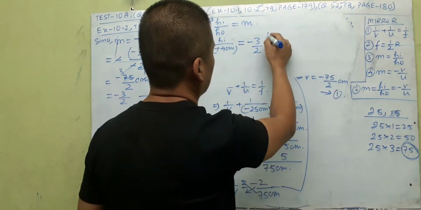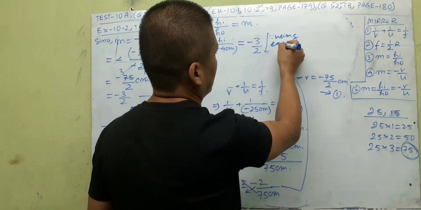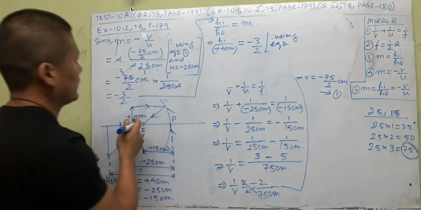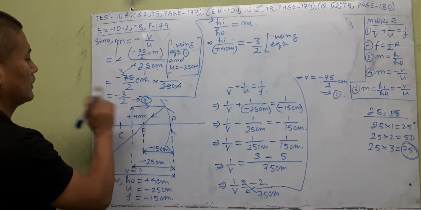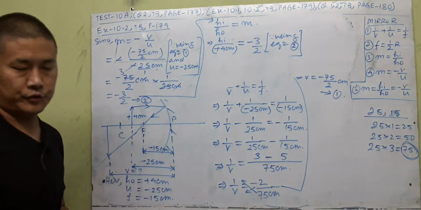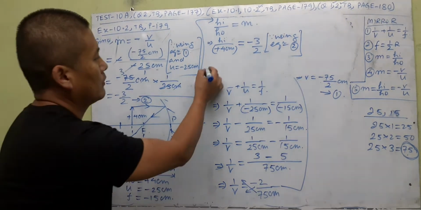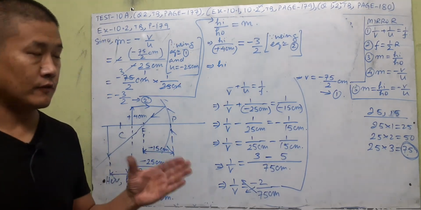Here, since using equation number, let us put this one as equation number 2, is M value. Okay, do slowly. Don't touch anything, just keep HI in its own place because that's what we want, size of image.